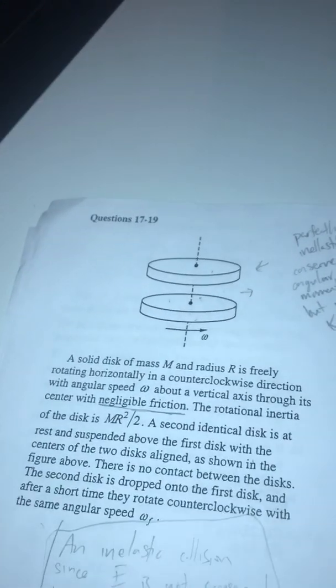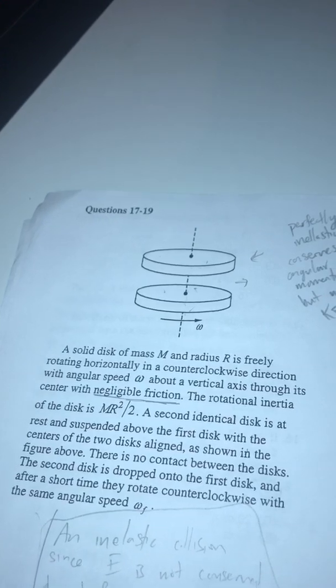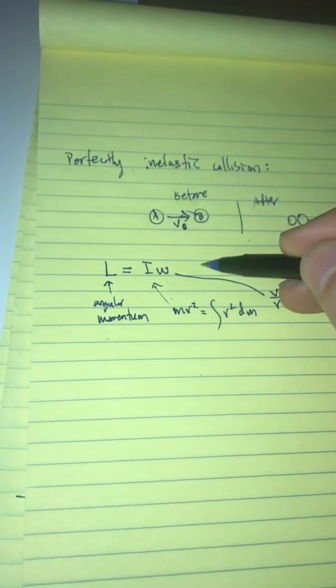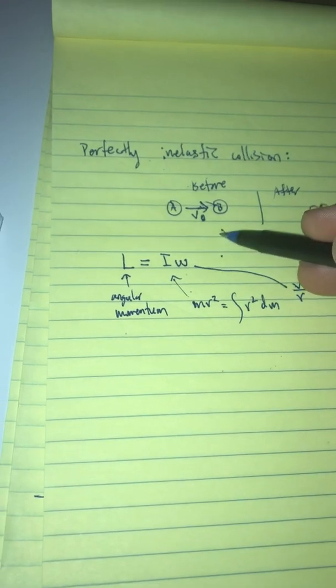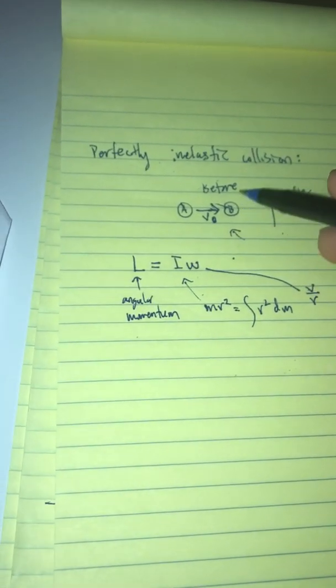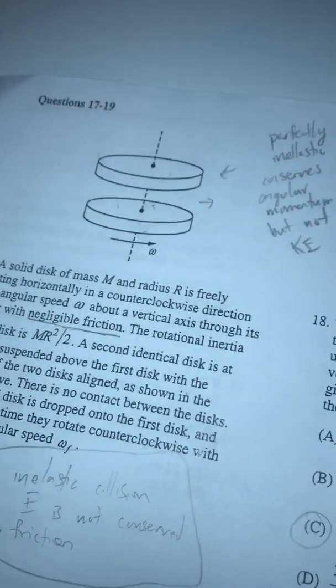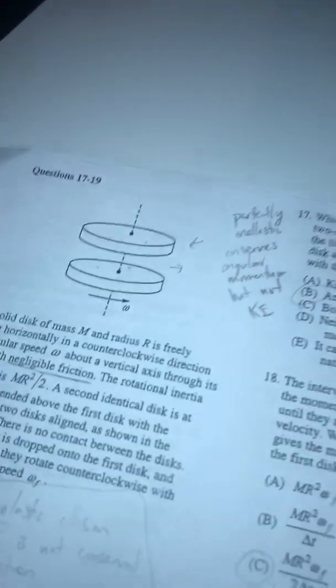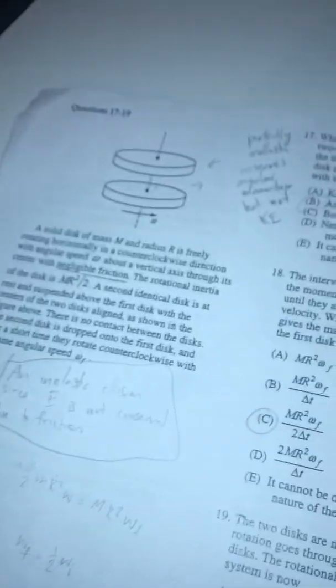The second disk is dropped onto the first disk, and after a short time they rotate counterclockwise at the same speed, omega final. So I know in this drawing I drew a perfectly inelastic collision as a particle hitting another particle, whereas this is spinning disks falling onto one another. But if you think about it, they're the same concept.